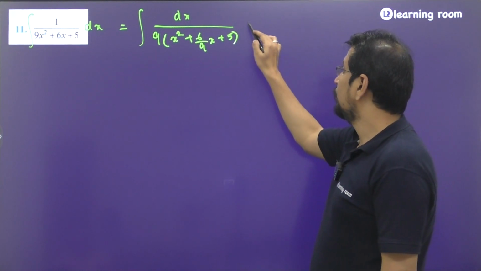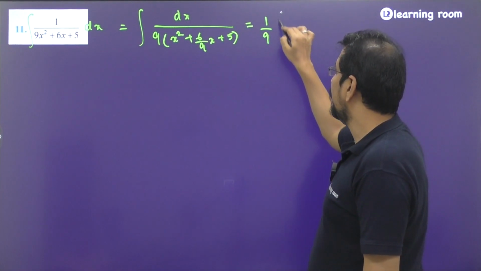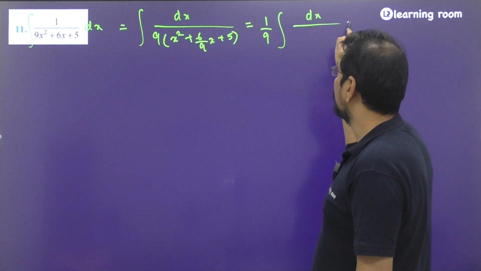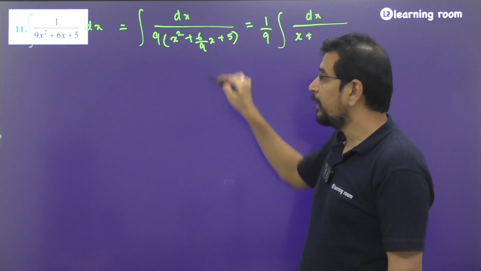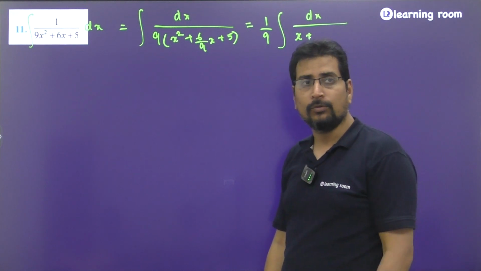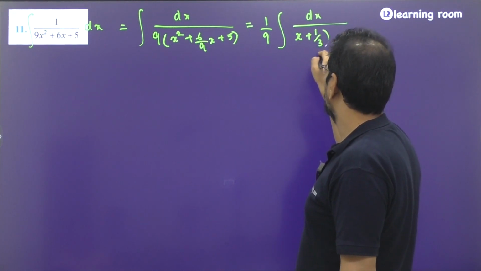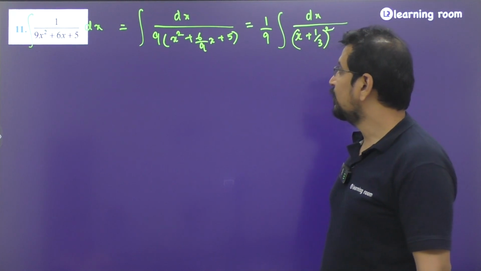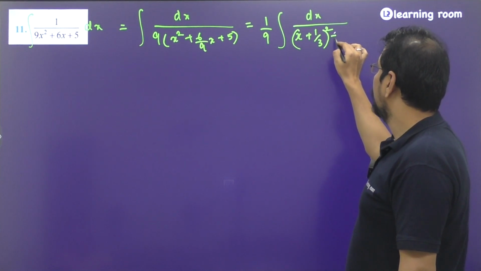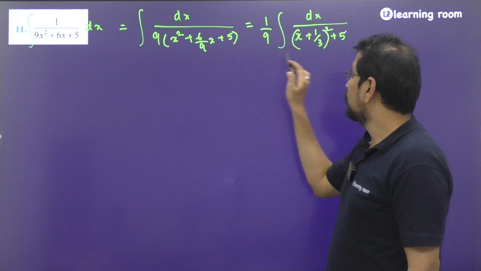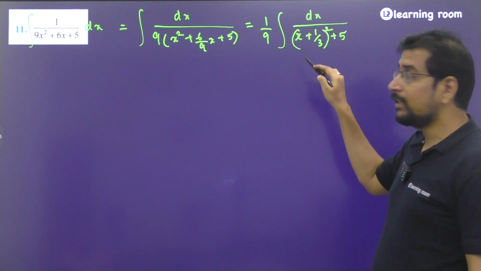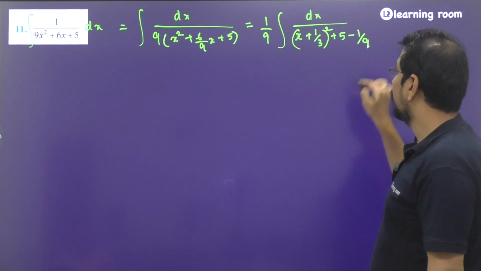Right. So this will be equal to 1 by 9 into integral of dx divided by, it is going to be x plus 6 by 9 means make it half of it. So x plus 1 by 3 the whole square plus 5, I will write it as it is, minus the square of this value, minus 1 by 9.